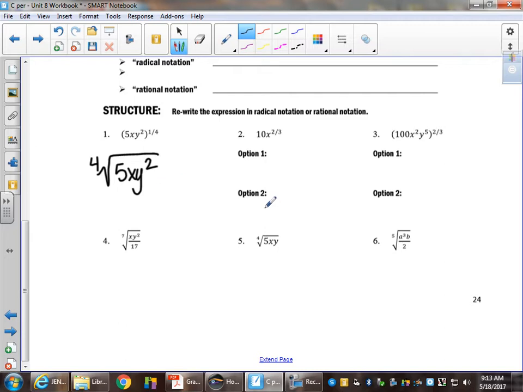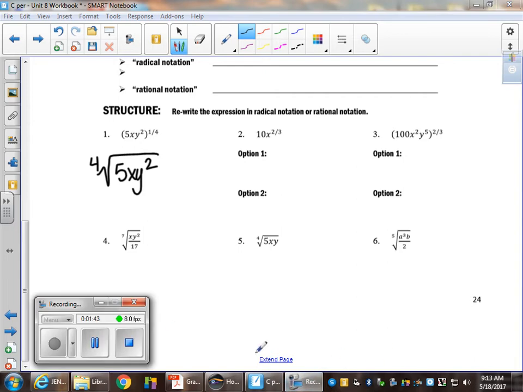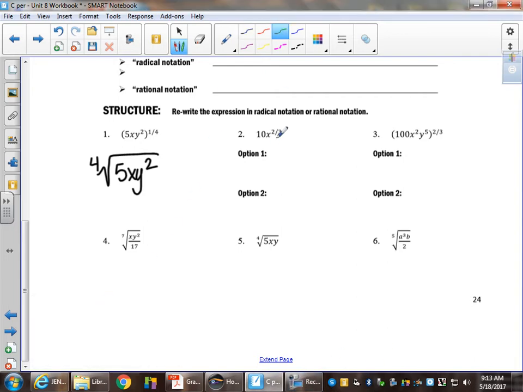So number two does not have parentheses, which means this 2/3 only applies to what? The x. So for number two, 2/3 only applies to the x value because I do not have parentheses including it in the argument.